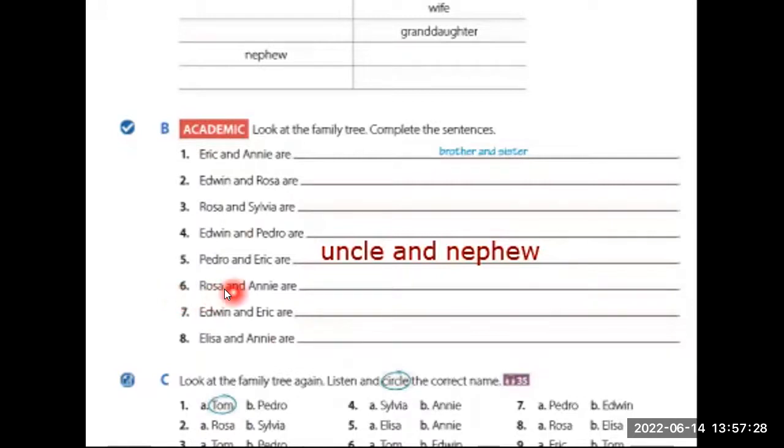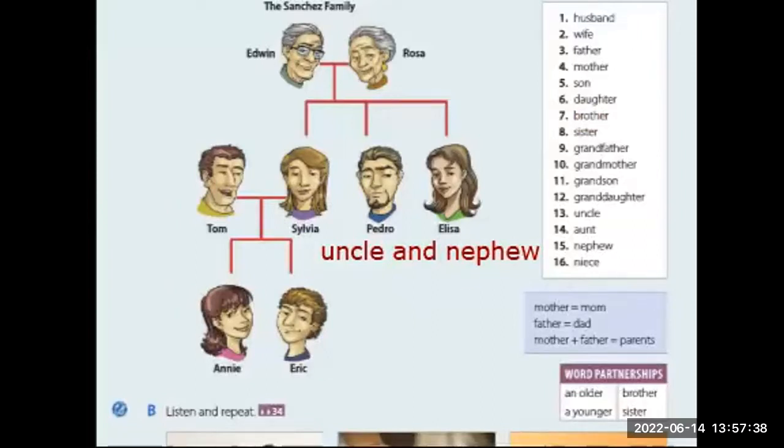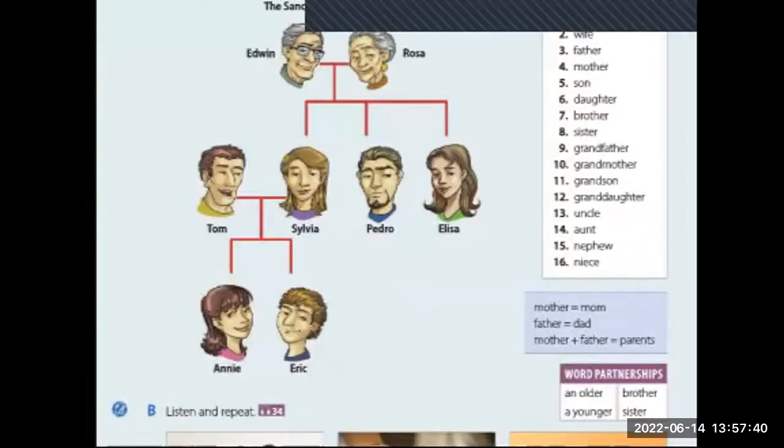Number 6, Rosa and Annie. Rosa and Annie are. So we'll go look at Rosa and Annie. Let me erase this. That pops up. Okay. Here's Rosa. And here's Annie. And you see, Rosa is 1 generation.